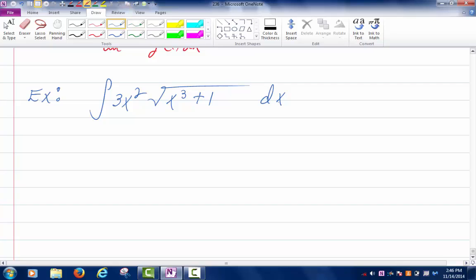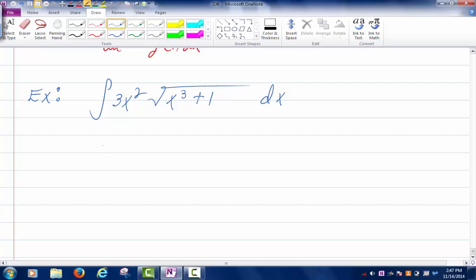Which term do you want most, which one do you hope was x? If you look at this x cubed plus 1 here, you hope that it is x, because if it is x, then you have just root x, and then it's a simple integral, right? Am I making sense? So let that be your guide to pick your u.